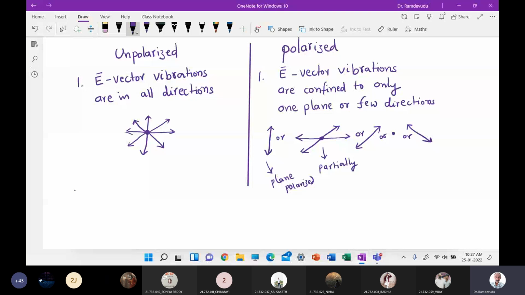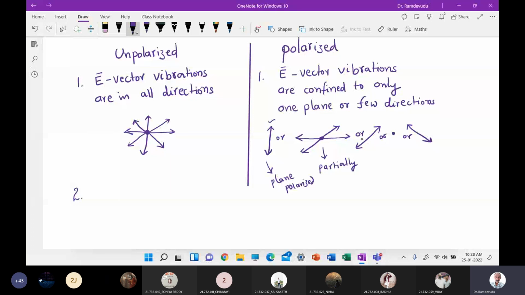And next, the second important point. If you see this star from the direction of propagation, it is symmetrically situated. Here, there is no symmetry. In this direction I have vibration, but in this direction I don't have. I have only one direction, so the symmetry is not there.